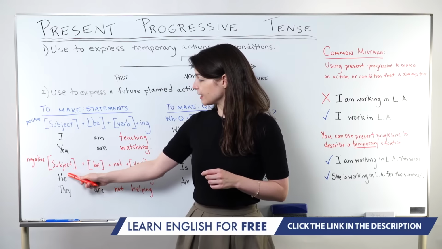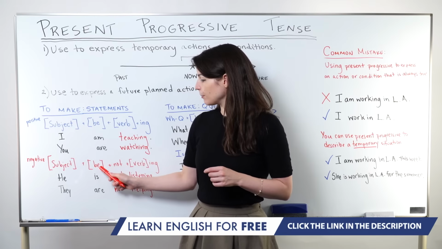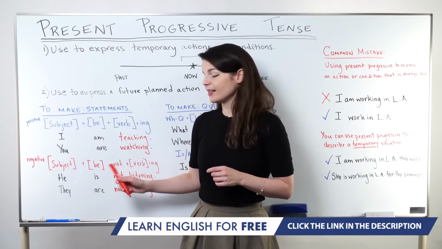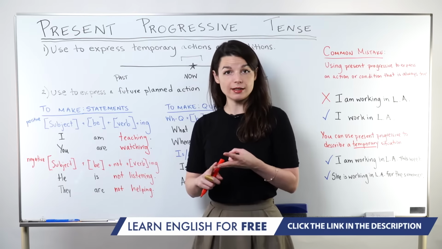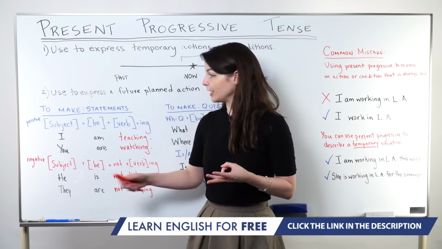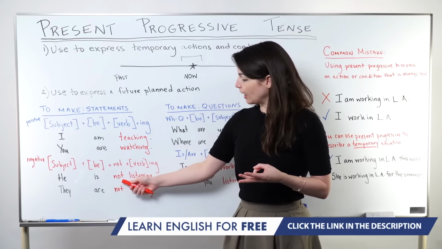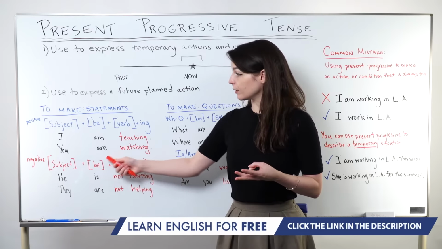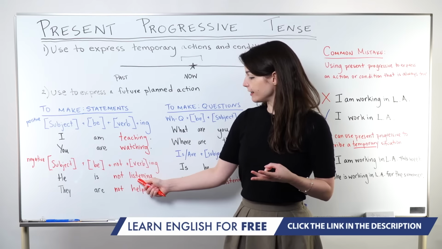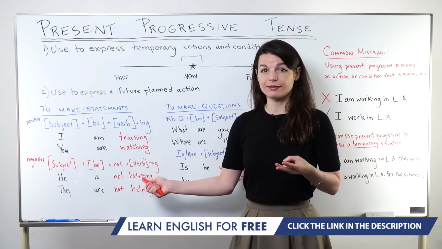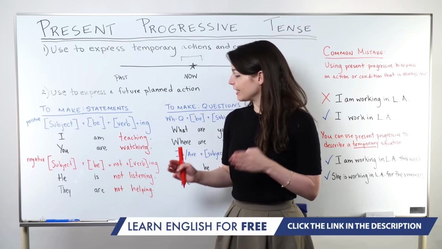Here my subject is he. My be verb is. So when the subject of the sentence is he or she or it, the be verb changes to is. I've used not. So this makes the negative form of the sentence. And my verb is listen. I've used listening in the ing form. He is not listening.